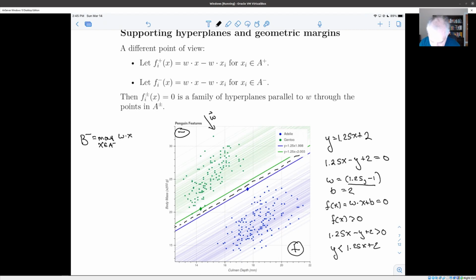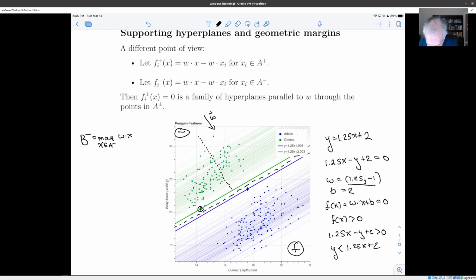So if we want to find the maximum value of w dot x, we're going to go this way, and w dot x is going to be increasing and increasing and increasing. Because remember, it's w dot x, so it's the projection of x into the w direction that matters. And so the largest value of that is going to occur at the point which is the most in the w direction that you can get and still be green. In other words, it's going to be this point right here.